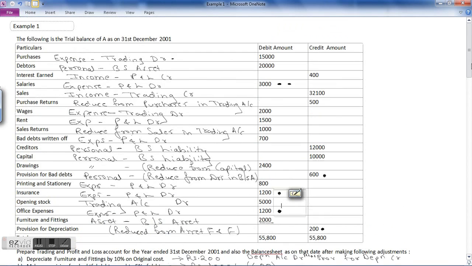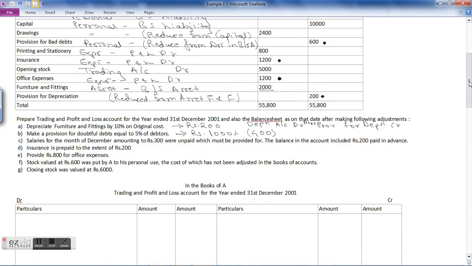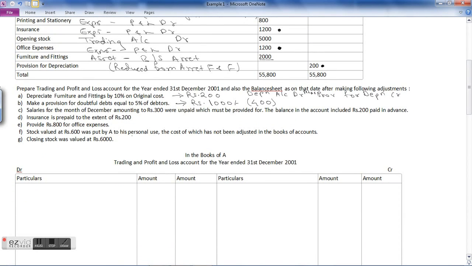So stock means purchases, your opening stock, that is cost of goods sold, needs to be adjusted for that 600 rupees. Then closing stock was valued at rupees 6,000. So this will go in the trading account credit side, and the next effect will be the balance sheet asset side.